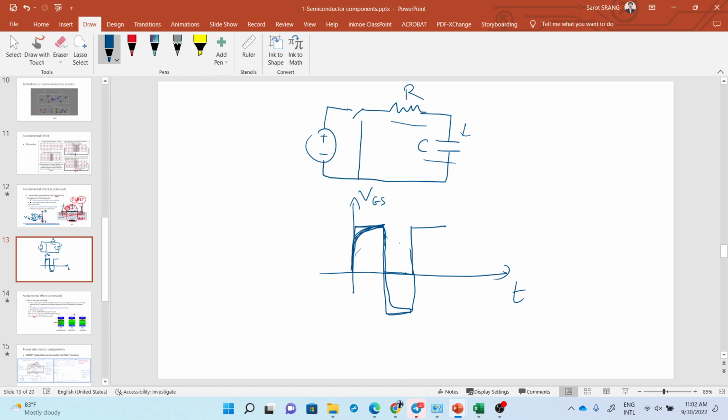So if you don't supply a negative voltage like this, the voltage in the capacitor is like this. It's still positive, right? Here, this side, it's still positive. So in some sense, it cannot switch off completely, and that is very bad. Well, so here voltage like this, voltage in the capacitor like this. So it's reverse polarity. Then it can switch off completely.